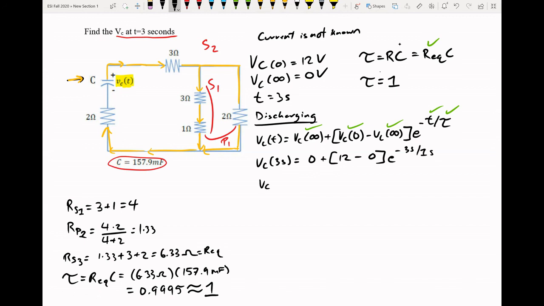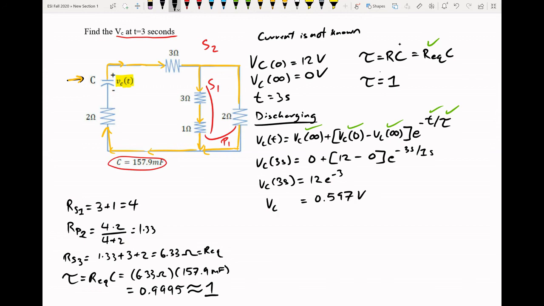So V of C at 3 seconds will be equal to 12e to the minus 3, which will equal 0.597 volts.